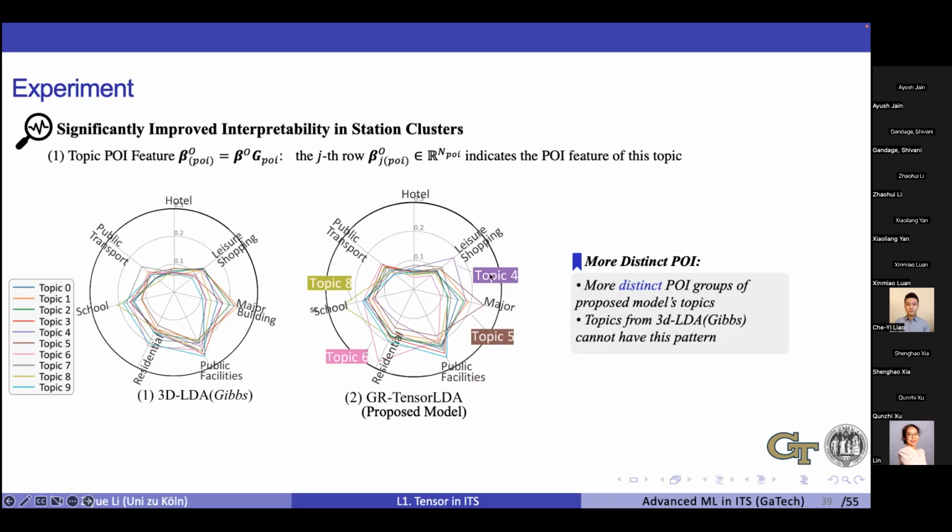Topic 4 mostly captures the shopping area. Topic 5 is the major working area. 6 is the residential area. Compared to this benchmark, it is not distinguishable. This is the functional graph working.